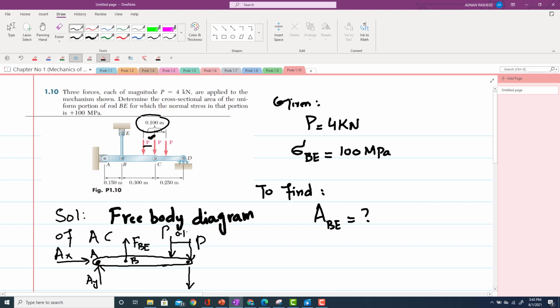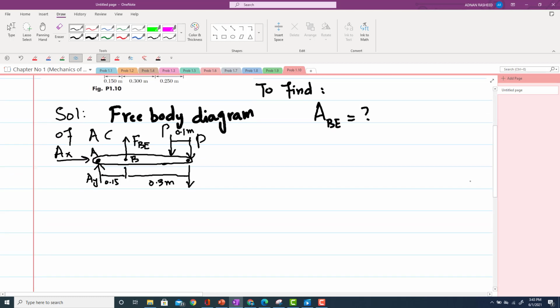Clear? So this is the free body diagram. Also the distances are given over here, that from point A to B the distance is given as 0.15 meter. From B to C, the distance is given as 0.3 meter. So as we are interested in finding the value of FBE, clear?